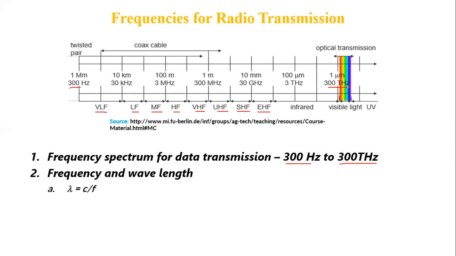The relationship between frequency and wavelength is given by this equation: lambda is equal to c by f, where lambda represents the wavelength, c represents the speed of light, and f is the frequency. Here c is a constant, which is 3 into 10 to the power 8 meters per second.